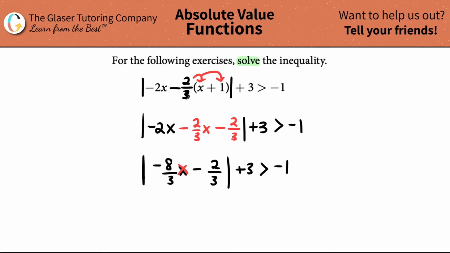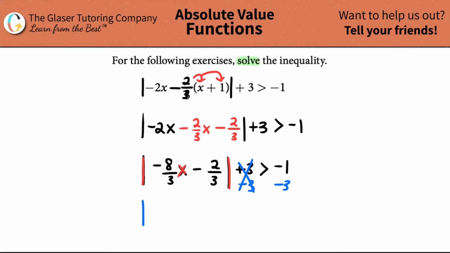Now, I'm still trying to solve for x. X is all the way over here, but I can't really do anything else inside the absolute value. So I'm going to try to get everything else over to the other side. The 3 is being added here, so I will just subtract 3 on both sides, and that will get rid of the 3 on this side.